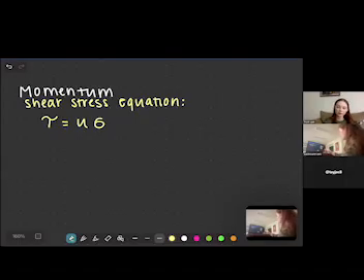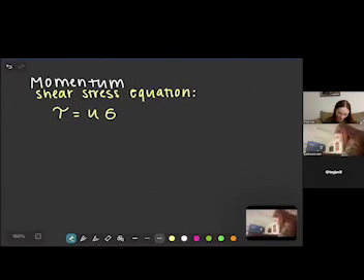And we can further break it down by showing the types of units that we have. So this will be represented as force per area. So momentum flux is equal to viscosity times the velocity in the x direction.